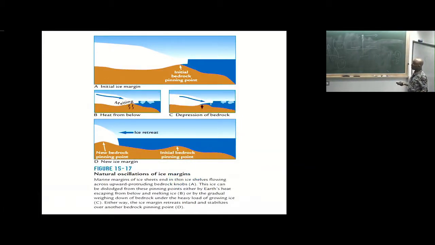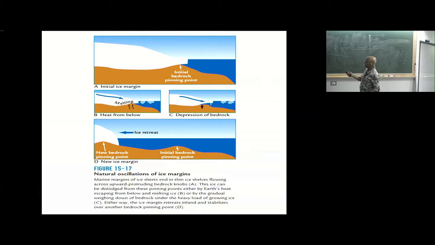Okay, there are more exotic explanations like this one, where it's showing that you are building a glacier on land, you are near an ocean. So there is a bedrock pinning point, which means beyond this, there is floating shelf ice, like in Antarctica, for example. So where there is maximum glacier, the land is going to sink.